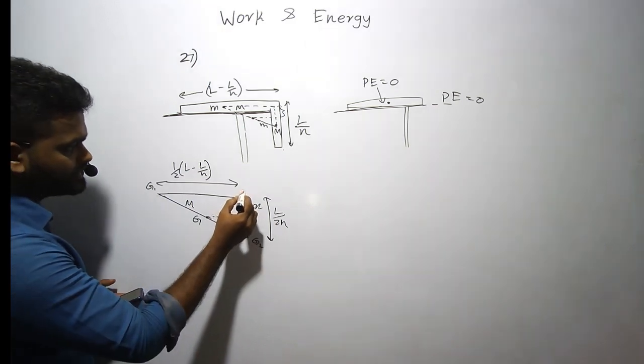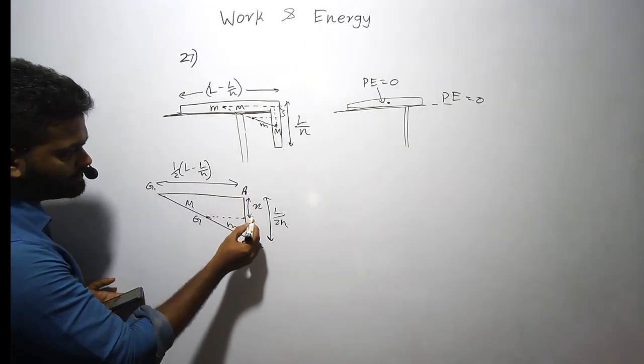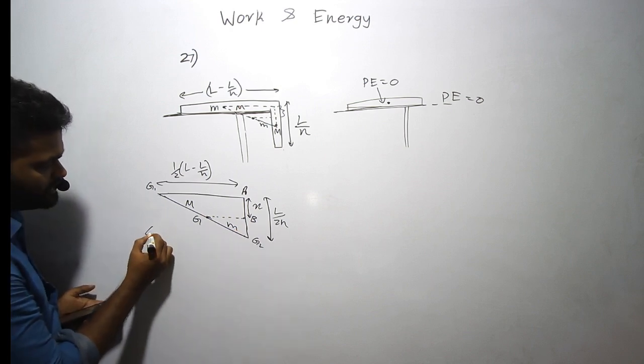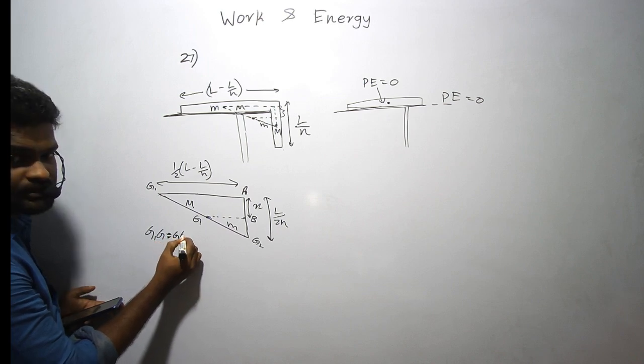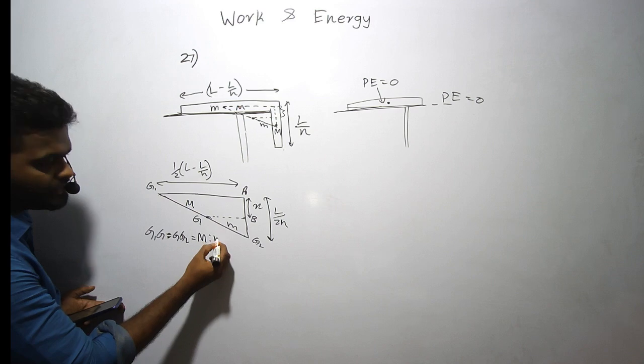Let's say this point is A and this point is B. So G to G2 is equal to capital M to small m.